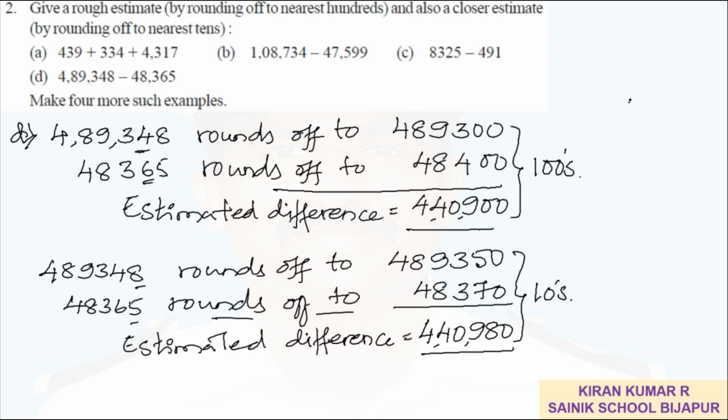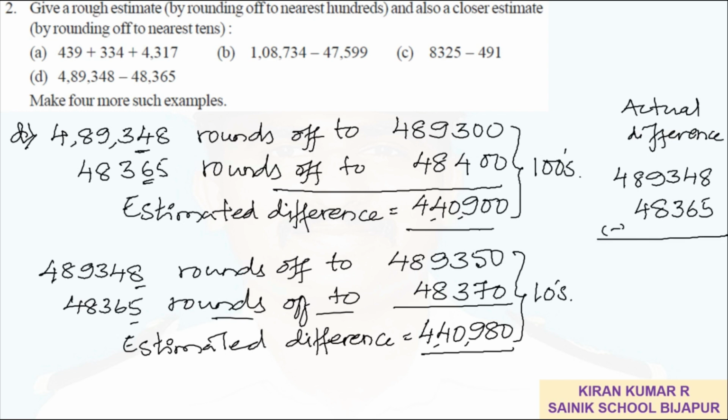Now let us find out the actual difference. To find the actual difference, I have to consider the given numbers as they are. Let's find the difference. And the actual difference is 4,40,983.